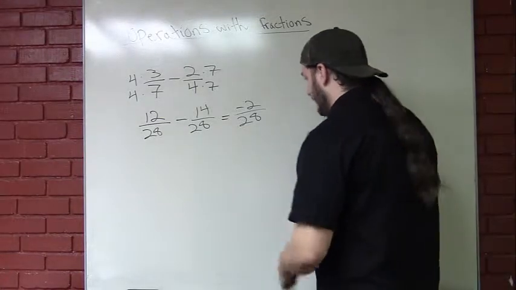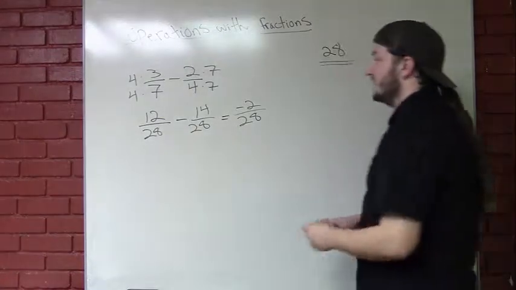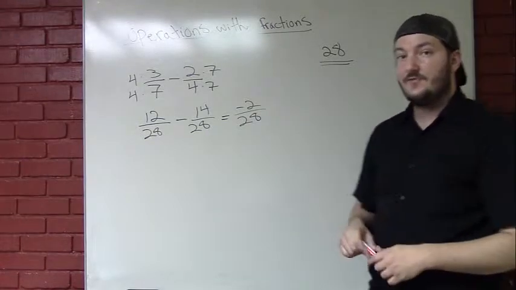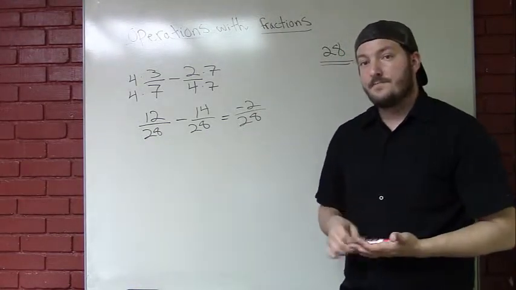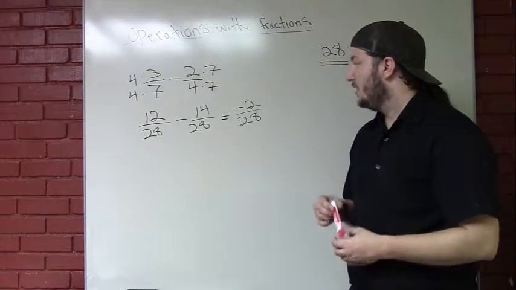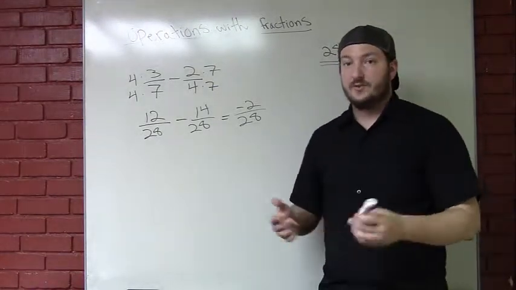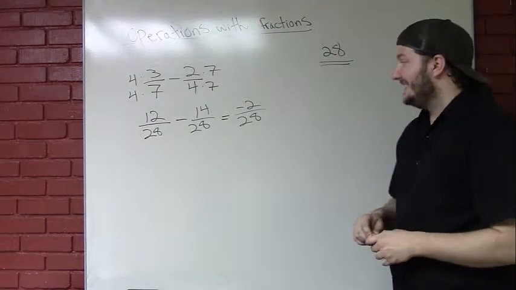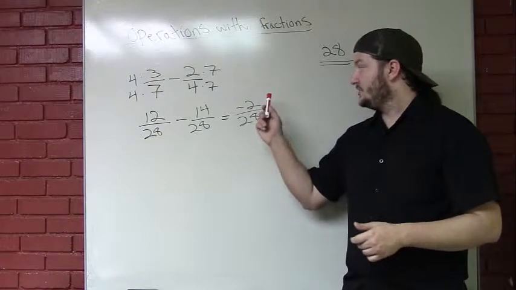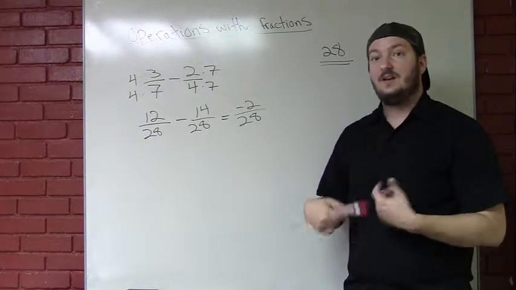Now, you ask yourself one final question. Can this fraction reduce? What do you think? Can negative 2 over 28 reduce? Well, you always want to ask yourself one question. Is there a number that can go into 2 and 28 evenly?